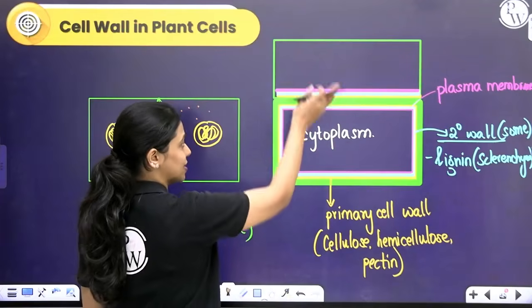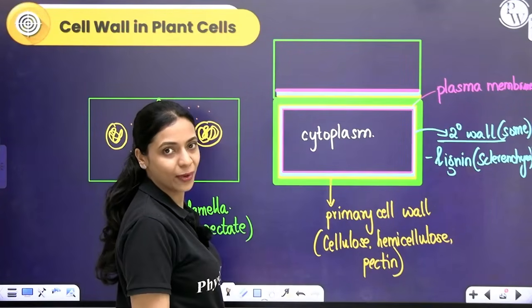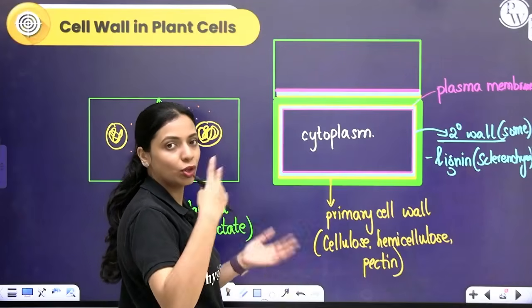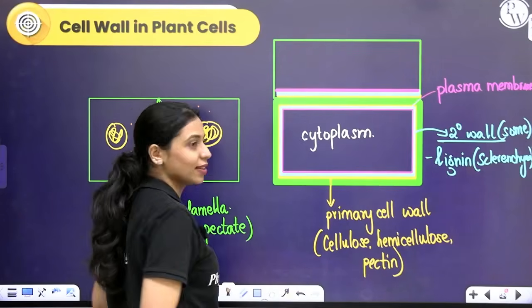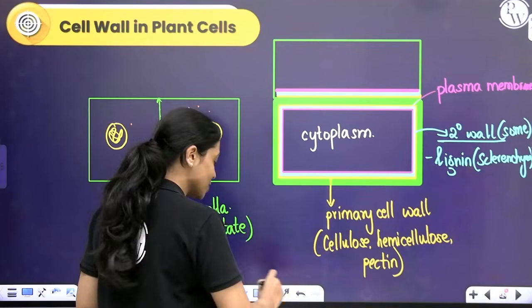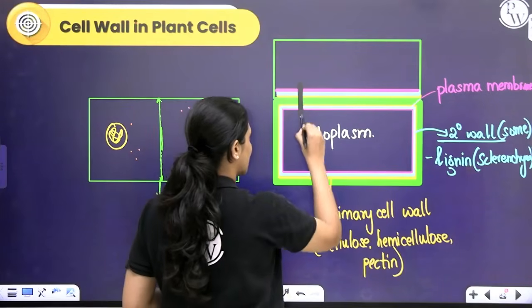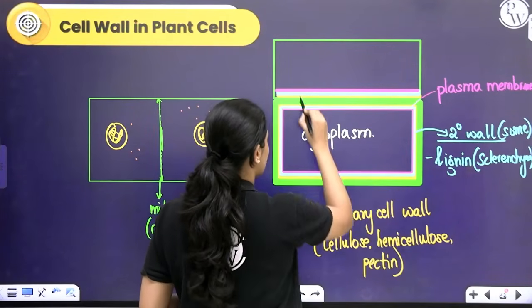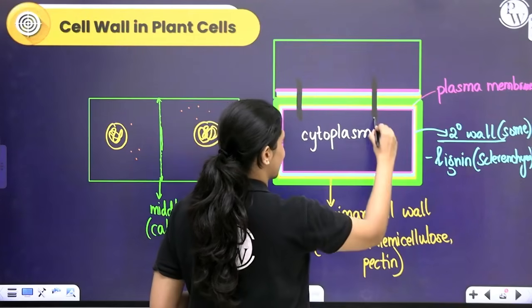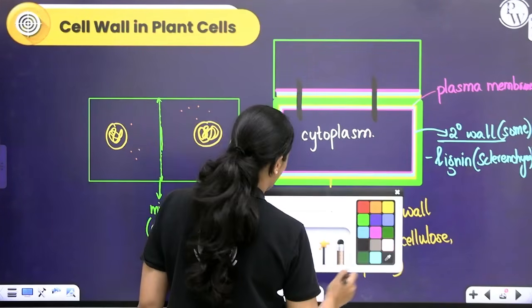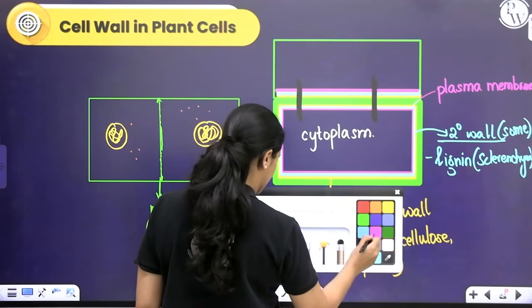Now, in between this cell and this cell, if communication has to happen, communication happens by means of chemicals. For those chemicals to move from this cell to this cell, there has to be some provision that is provided by cytoplasmic connections called plasmodesmata. So, in between these two cells, in certain regions, you can see the presence of cytoplasmic connections called plasmodesmata.